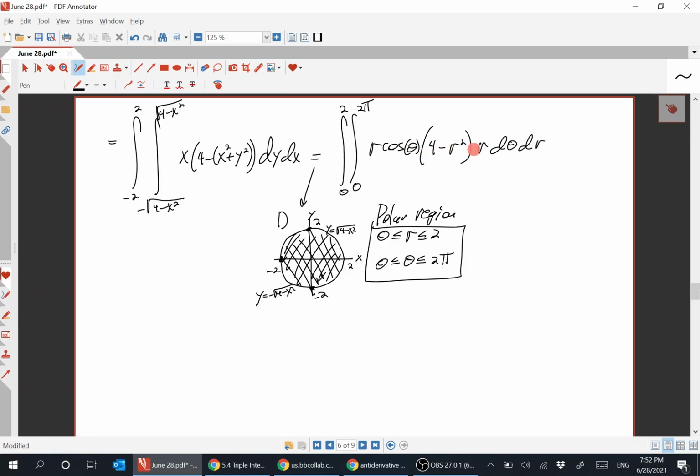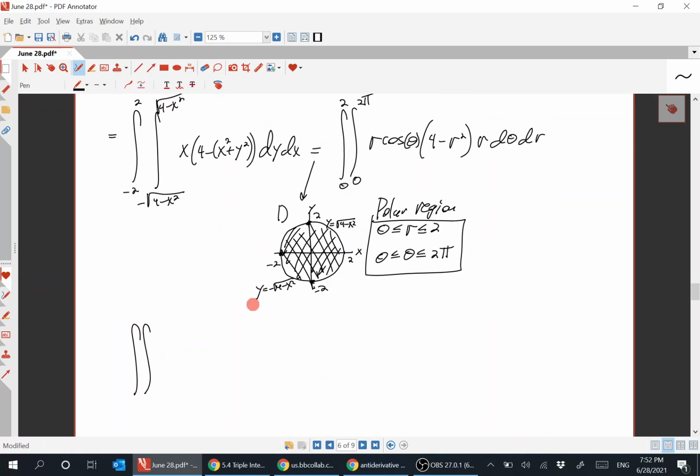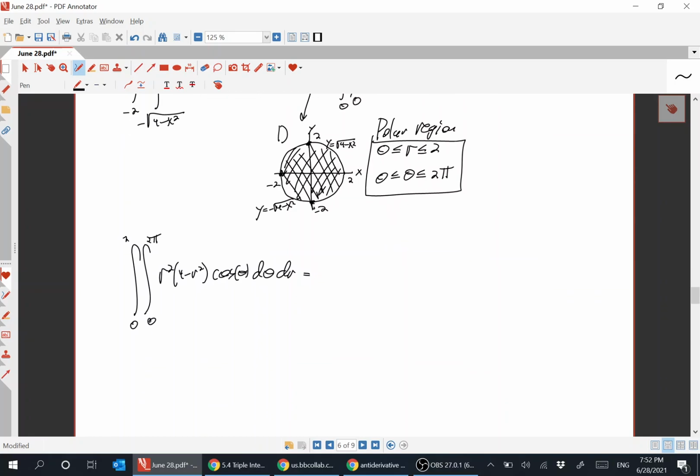This is all r, that's all constants. So let me rewrite it. This is the integral from 0 to 2 pi, and from 0 to 2 for r, of r squared, 4 minus r squared, cosine theta, d theta dr. What is this? r squared times 4 minus r squared is a constant with regard to theta. So we're just integrating cosine theta from 0 to 2 pi.